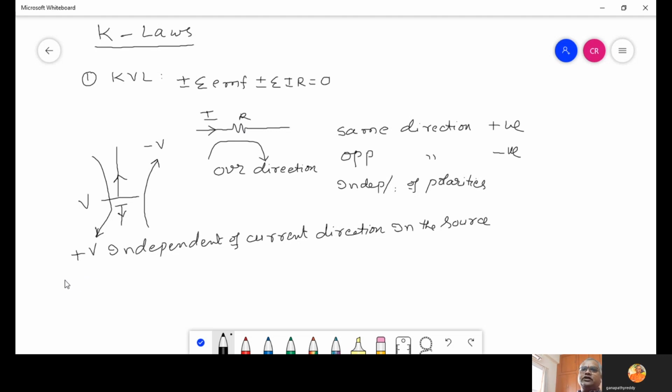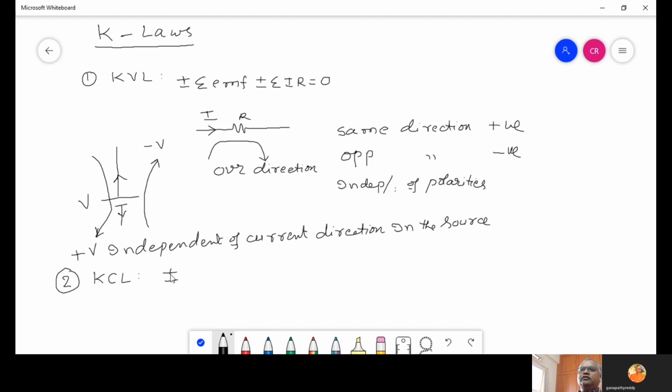Next, second law, KCL, Kirchhoff current law. The algebraic sum of currents meeting at a point, node or junction equal to 0. Algebraic sum of currents entering at a point or node or junction equal to 0.